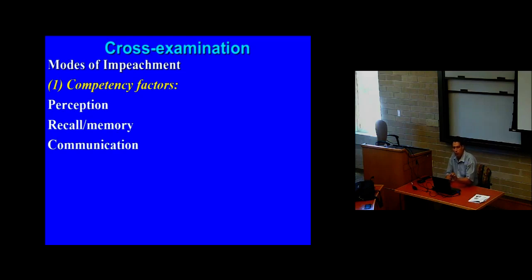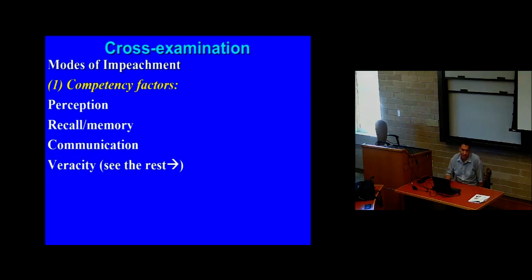Now notice, we're not going after their sincerity or truthfulness or being a liar or lying. We're just going after whether they might be mistaken, maybe a good faith mistake even. Now, this other area, veracity, that's a competency area, but that's a huge area of cross-examination.